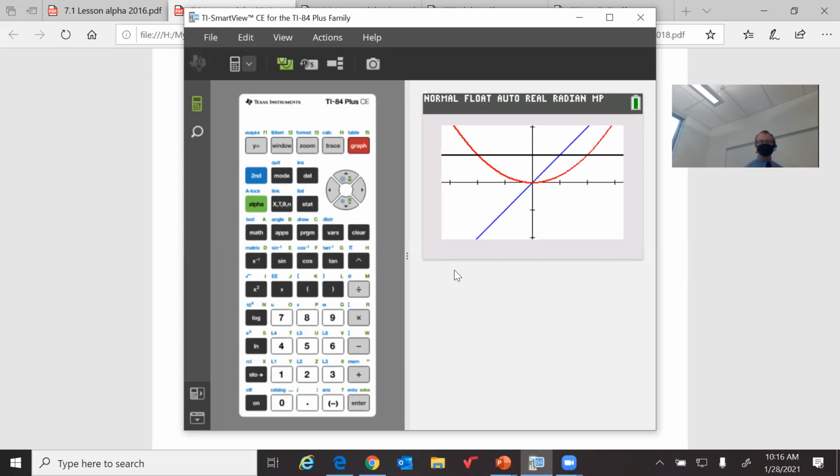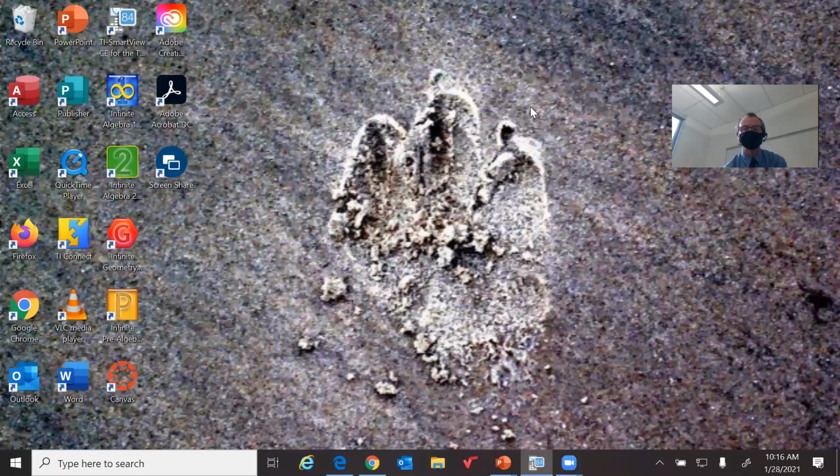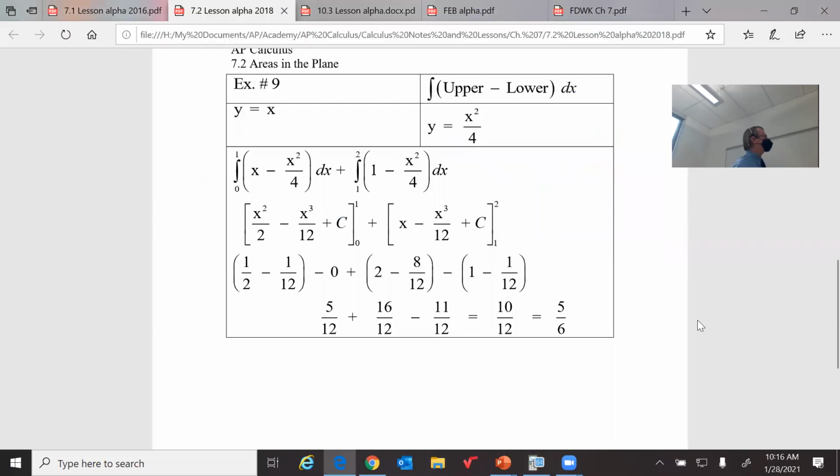From 1 to 2, it's black take away red. Upper take away lower. So you have the sum of those two integrals. This represents the power rule in reverse for blue take away red. This represents the power rule in reverse for black take away red.